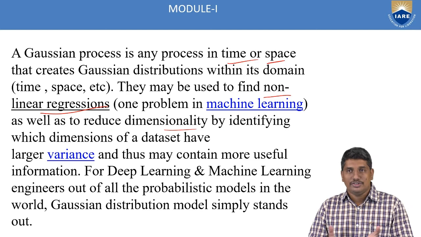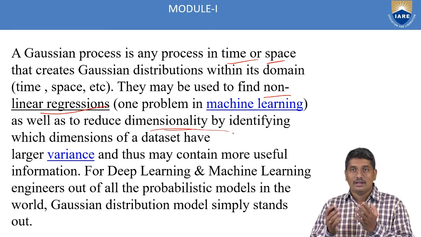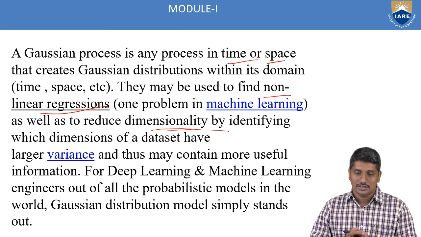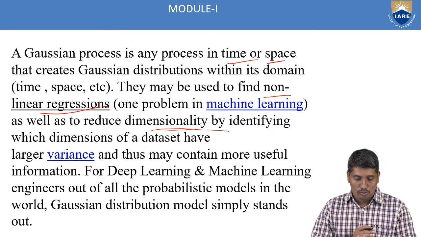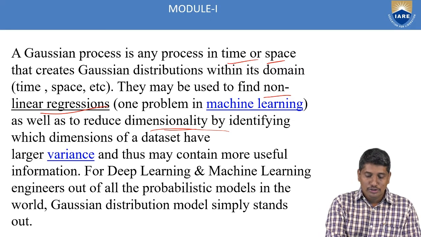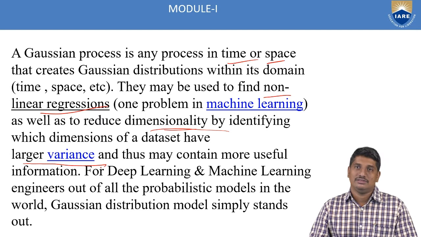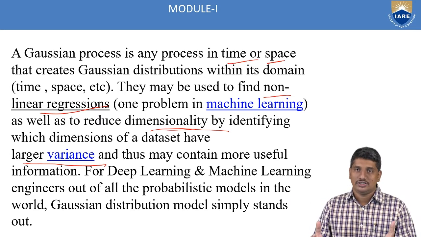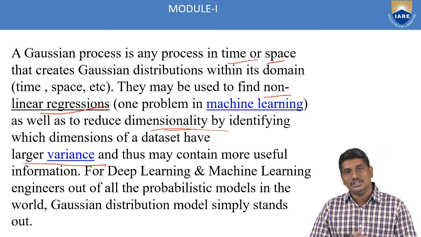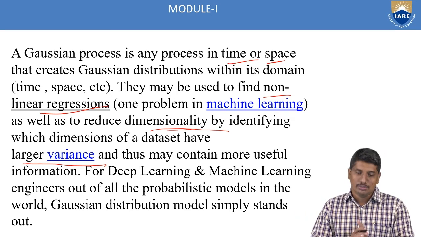Our course of interest is dimensionality reduction, and in dimensionality reduction the Gaussian approach has a very vital role, because we use it to calculate the variance of the data set, and we try to find among those data sets which has the largest variance, and based on this largest variance we try to reduce the dimensions.